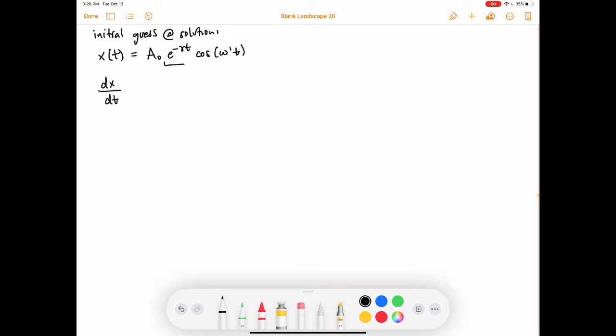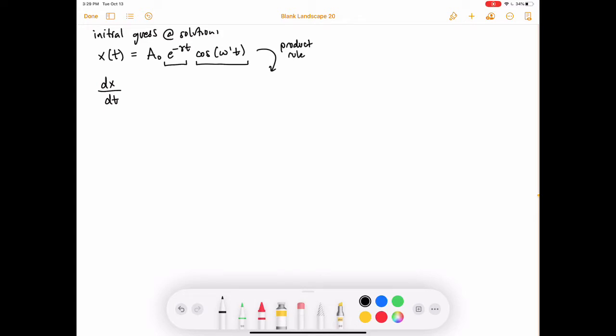So in order to do this, we have to realize what we have here is a product of two functions. We have the exponential, e to the minus gamma t, and then we have the cosine omega prime t function. And we have the product of the two, so in evaluating the derivative, we would use the product rule.